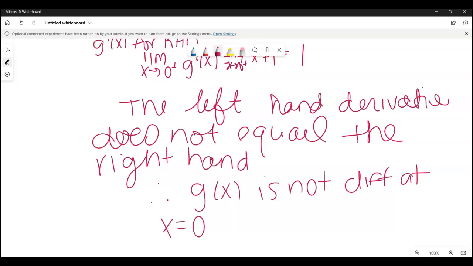So therefore, g of x is not differentiable at x equals 0, and therefore cannot be f of x. My other thought, after continuity and differentiability, would have been to find the first and second derivatives to see if the second derivative is always positive, because we know that the second derivative of f is always positive.